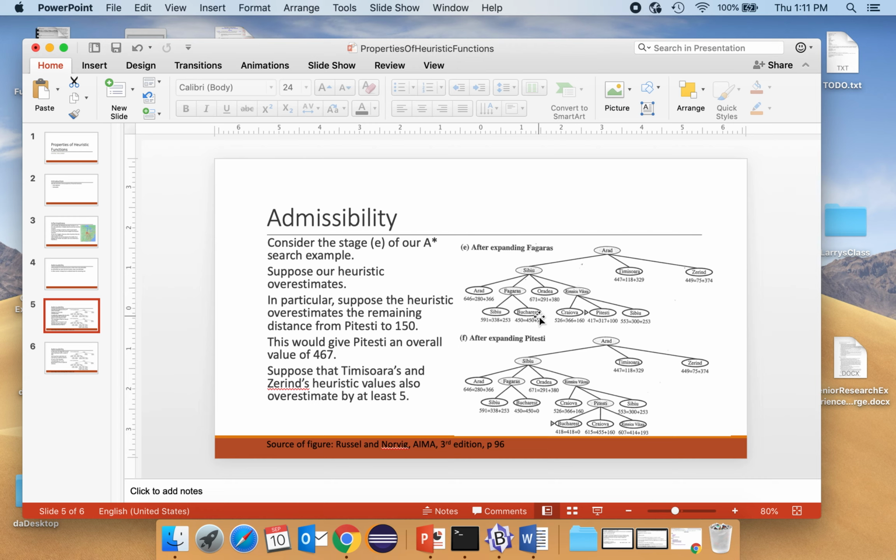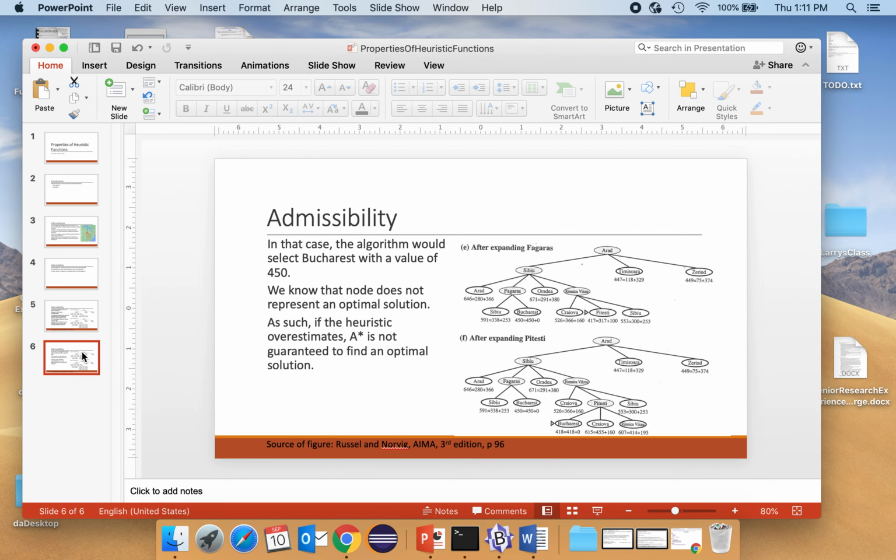The next time around, we are going to poll our priority queue and we'll get Bucharest, right? And so that means we are missing the optimal solution, which goes through Sibiu, Râmnicu Vâlcea, Pitești, and Bucharest. So that's what you get if you overestimate. If you overestimate, A star is not guaranteed to find an optimal solution. All right, that's it.